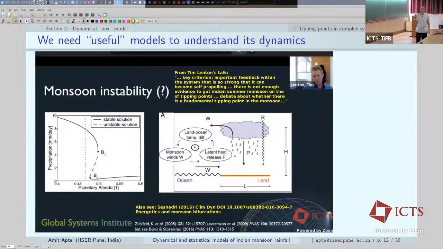So I guess one thing that he didn't talk about that I think is necessary is that all of this understanding largely comes from having useful and representative models of the system. Purely based on data sets, getting all of this information out of whether there is a sufficient appropriate feedback mechanism that can lead to tipping or not is kind of hard, and especially hard for such a large spatio-temporally varying system.